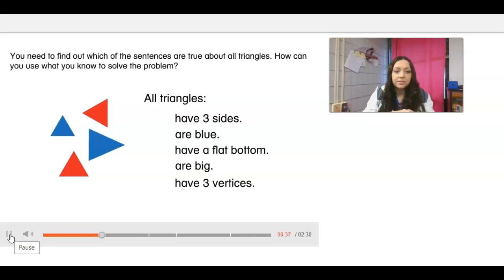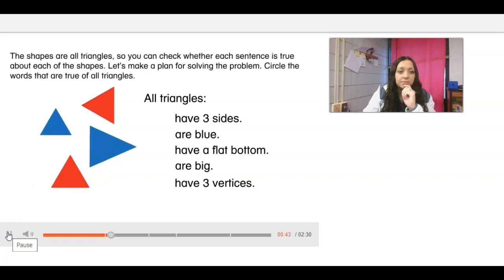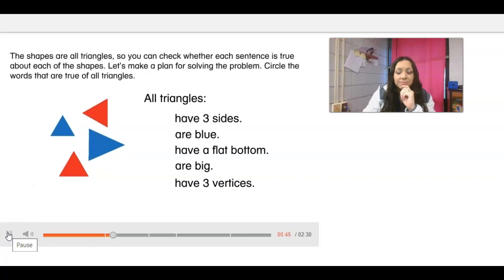How can you use what you know to solve the problem? We're going to look at what we know, and that's how we're going to circle them, okay? The shapes are all triangles, so you can check whether each sentence is true about each of the shapes.